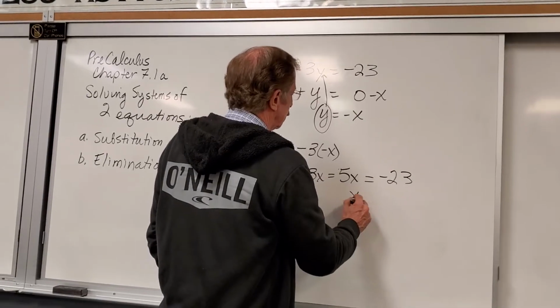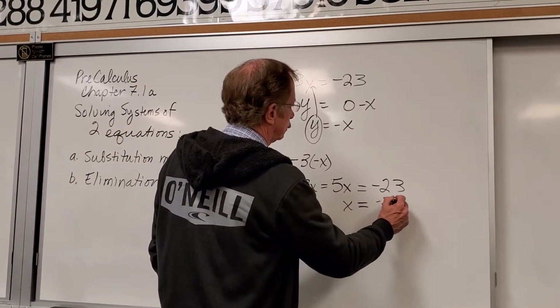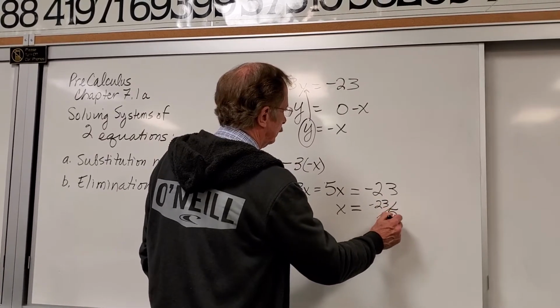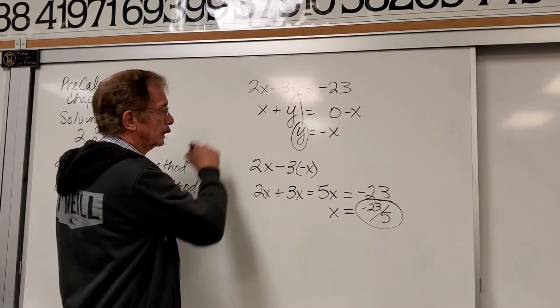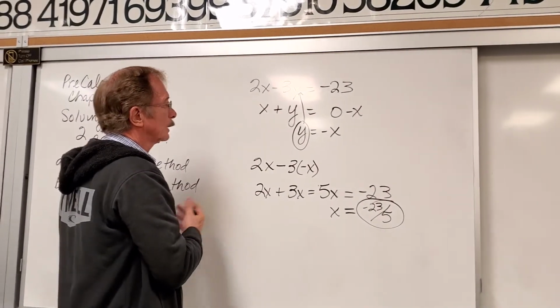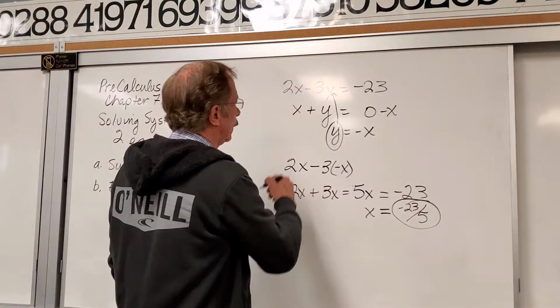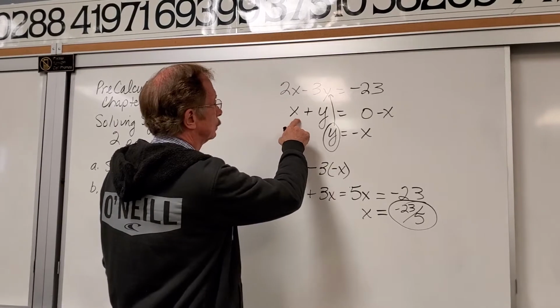Well, dividing through by 5, you end up with x equals minus 23 over 5. So I'm going to use that value then back up here to substitute and find the actual value numerically of y.